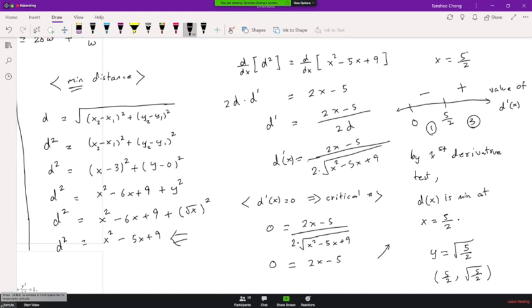So that is the closest point that we can get, right? The closest point to (3, 0). So finally, you need to make a final statement. This point, 5/2 comma square root of 5/2 on the curve, is the closest point to (3, 0).